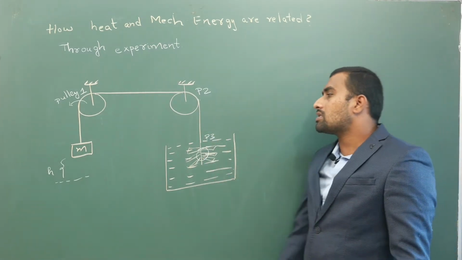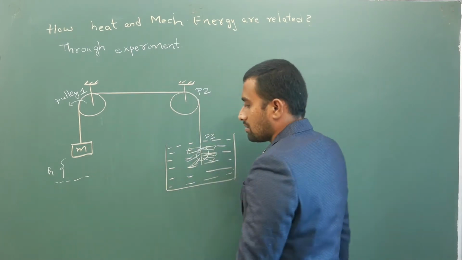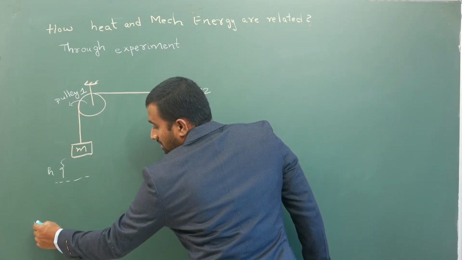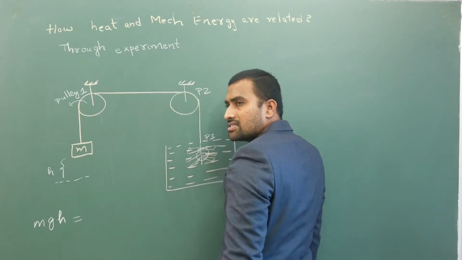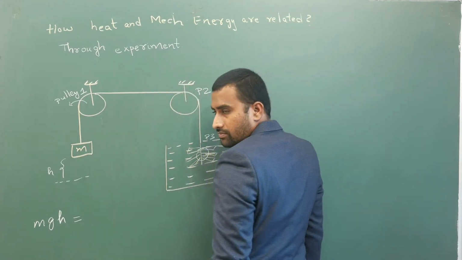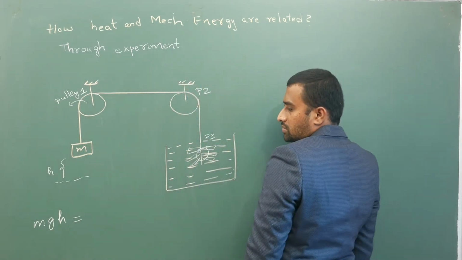Now for this experiment, if I do the energy conservation equation, your potential energy is lost when this is coming down, so this energy loss is given by mgh.